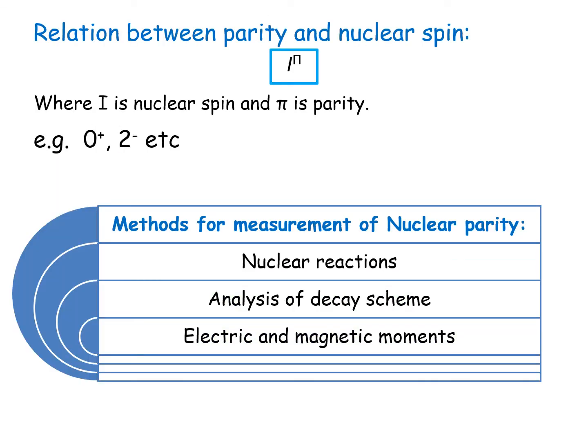The relation between parity and nuclear spin is also a very important question from the examination point of view. It is I to the power pi, where I is the nuclear spin and pi is the parity.